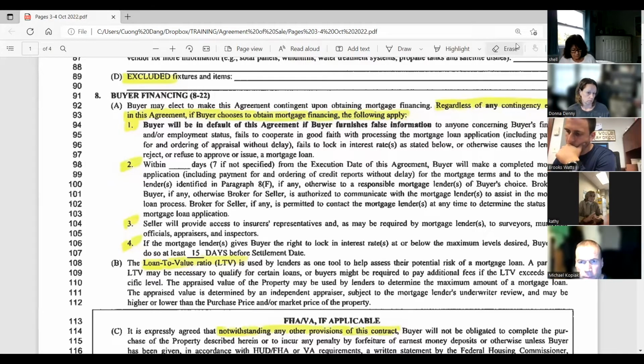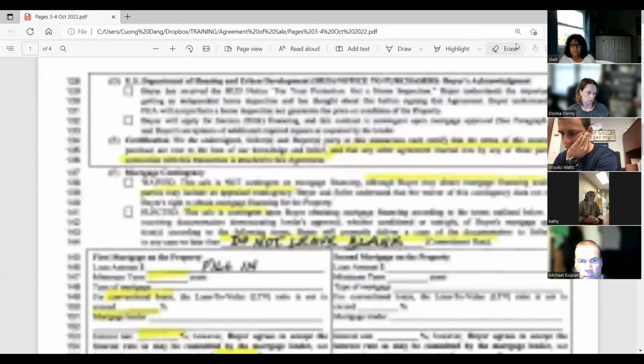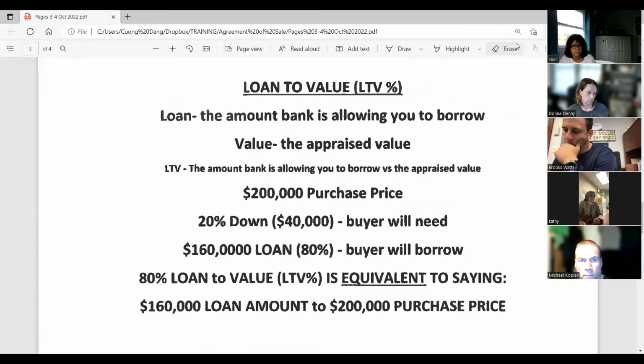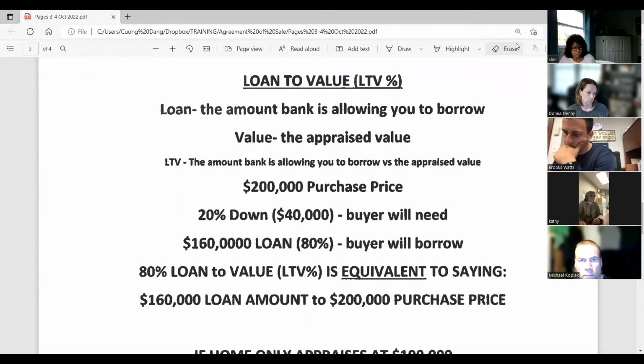The next section is B, the loan to value ratio. Okay. So what's the loan to value? Let's scroll down here to this page, part of the handout. Loan to value percentage. Okay. Loan, the definition of the loan, the amount the bank is allowing you to borrow. Okay.